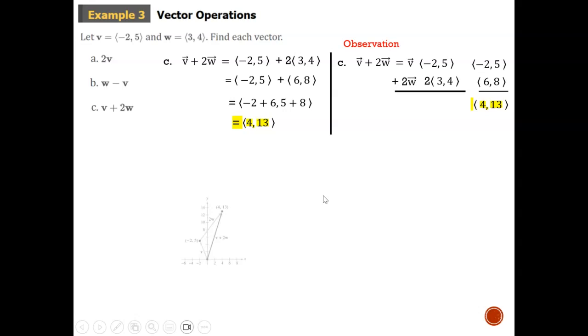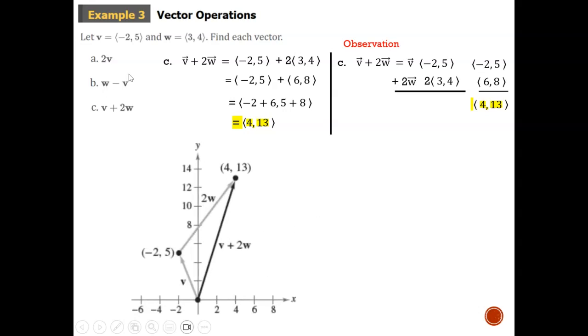Now, how does the graph go? Again, we start at vector V, from the origin to the point -2, 5. Then we're going to go up 8, because this is like my x and my y on a plane, and the slope is rise over run.